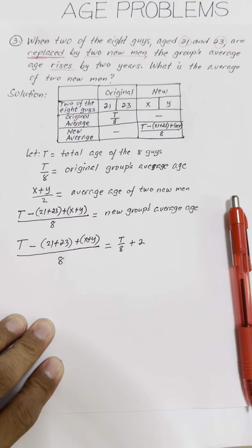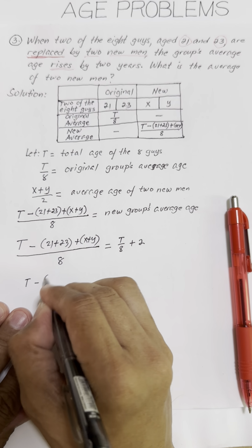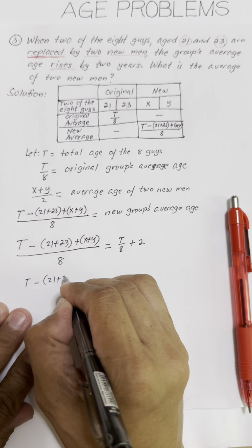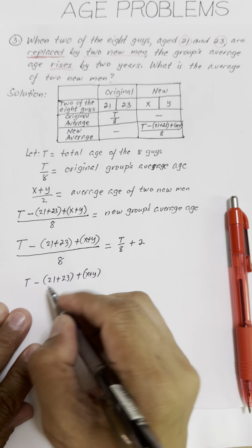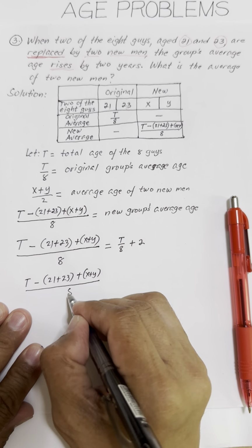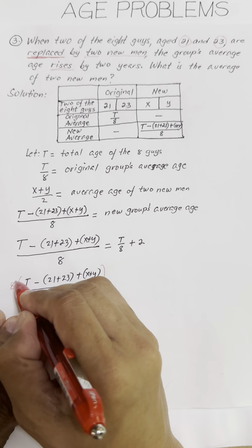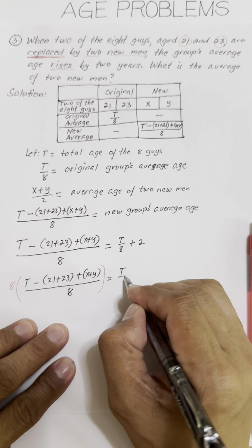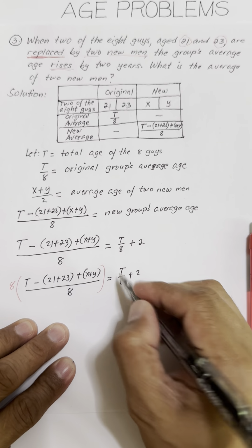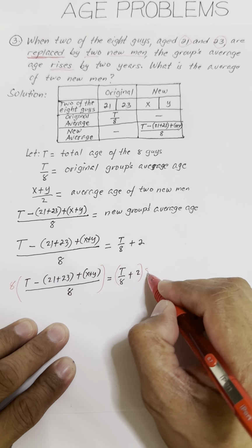I will rewrite this expression: t minus 21 plus 23 plus x plus y, divided by 8, multiplied by 8, equal to t over 8 plus 2, also multiplied by 8.